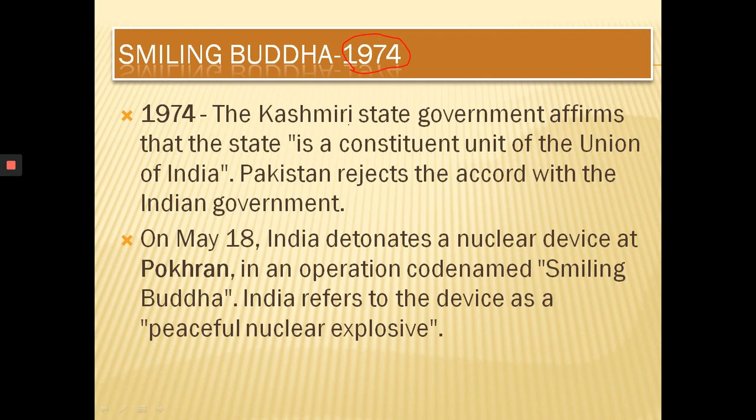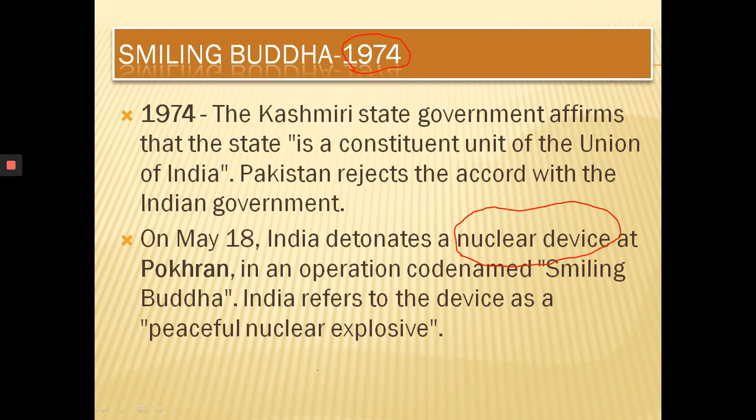So I feel this was a threat to Pakistan. Indira Gandhi went ahead with Smiling Buddha, the detonation of a nuclear weapon. Somehow she was trying to threaten Pakistan because they never agreed with the integration of Kashmir with India.